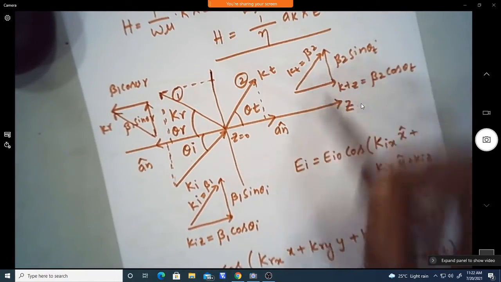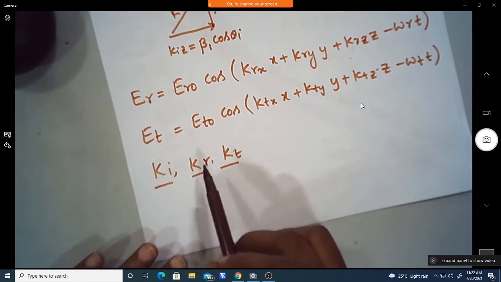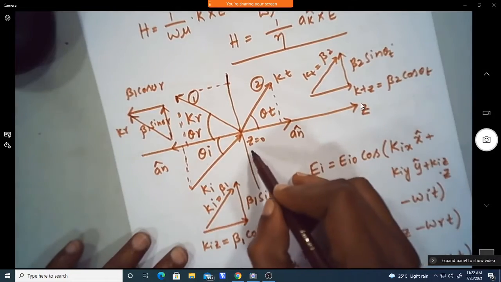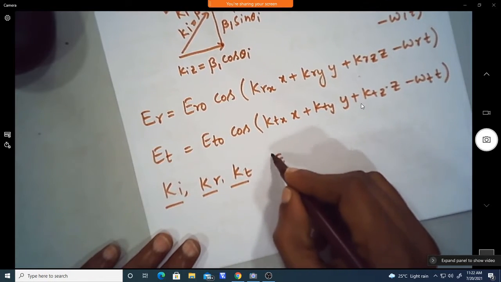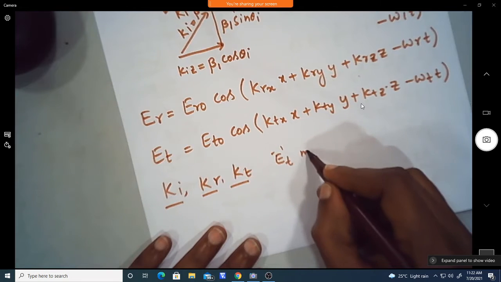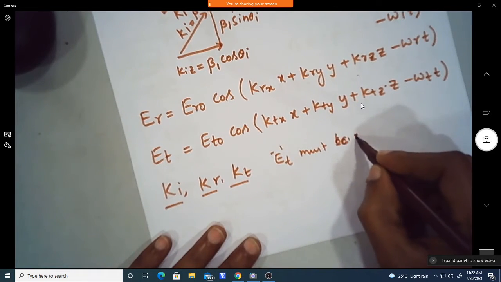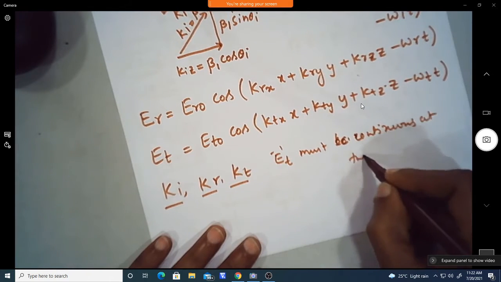The condition is that E must be continuous across the boundary, as we have seen in the boundary conditions: wherever the boundary exists, at z equal to 0, the tangential component of E must be continuous at the boundary.